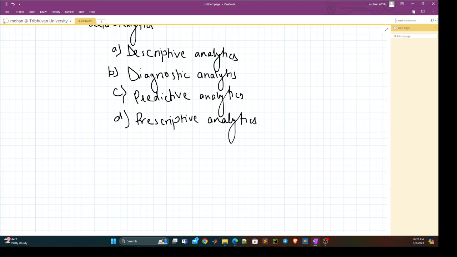It tells what decision to make to optimize the outcome. The goal of prescriptive analytics is to enable quality improvement, service improvement, cost reduction, and increasing productivity. The prescriptive analytics examples are optimization models, simulation, and decision analysis.